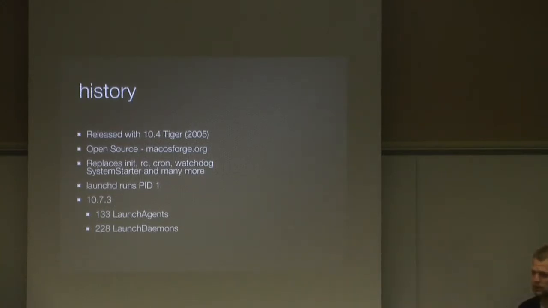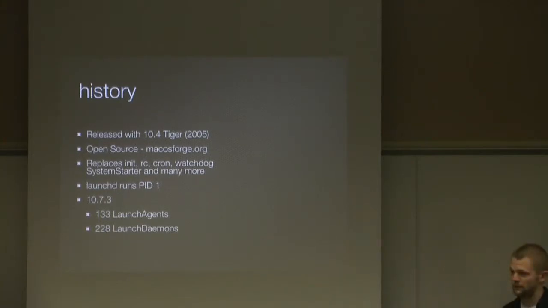Starting with 10.4, Launchd has been the replacement for init, and it runs as process ID 1. It replaces init, RC, cron, watchdog, system starter, and many more. A lot of the services it replaces are still available; they're just considered deprecated. It's grown a lot since 10.4.